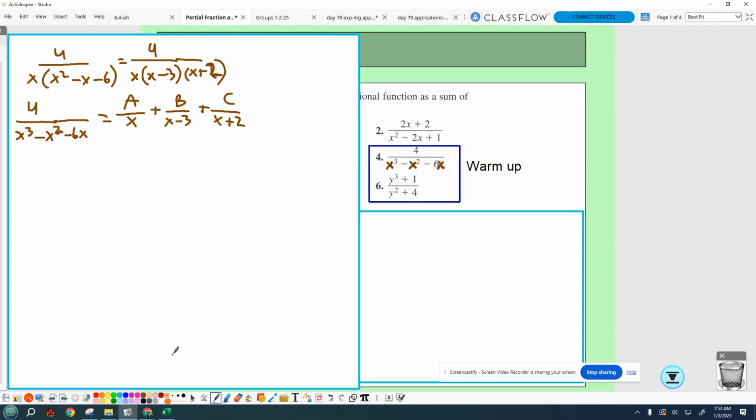Yep, you gotta write with the back. Equals what?